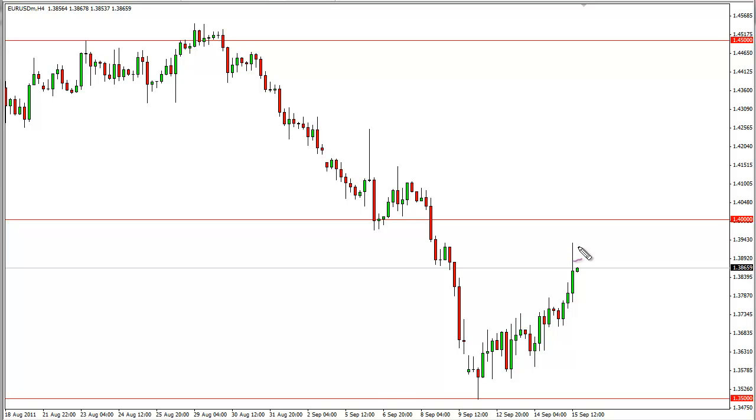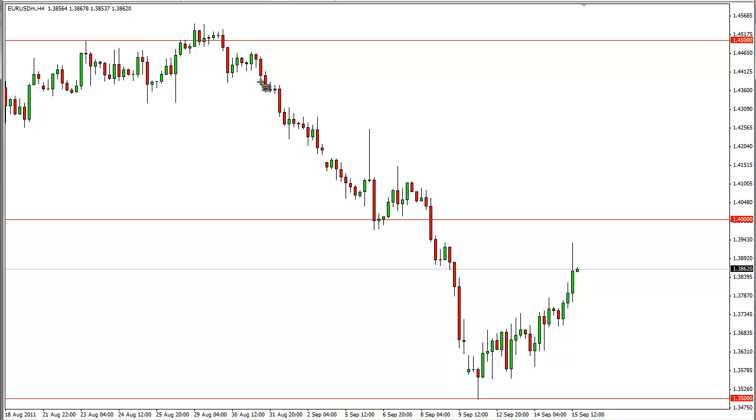If we start to fall again, it looks like this pair is going to roll back over and go to 135. If we rise, I'm not willing to buy because 140 is just above, and I truly believe that 140 will be a very pivotal moment in this currency pair. If we can rise up to that area and perhaps get an exhaustive candle, I think that sets up quite nicely for some shorts because let's face it, it only takes one random rumor out of Europe to sell this currency pair off.